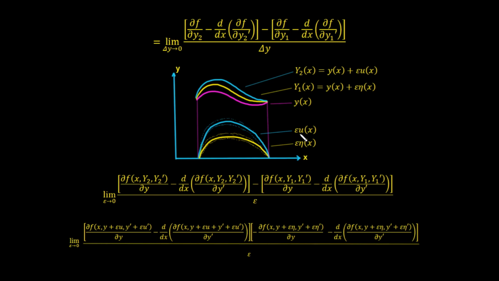We can take u of x and multiply it by some factor epsilon, and this gives us a family of curves in blue here, which is epsilon u of x. We can then add this variation onto y of x, and we would get y2 of x equals y of x plus epsilon u of x.